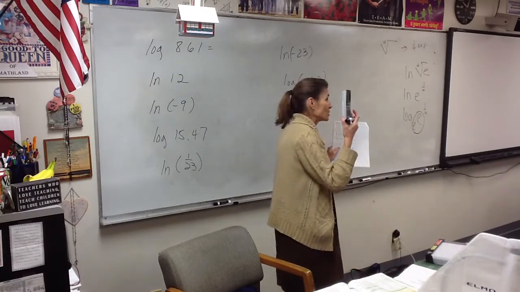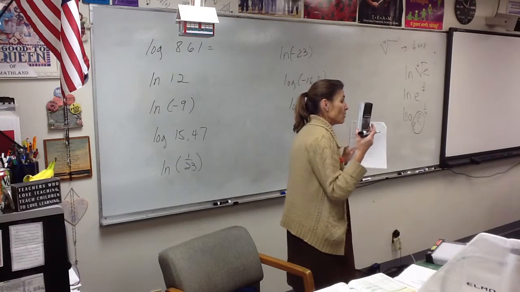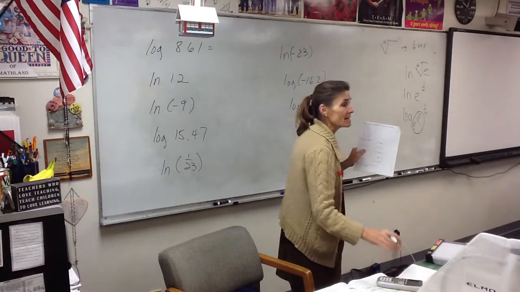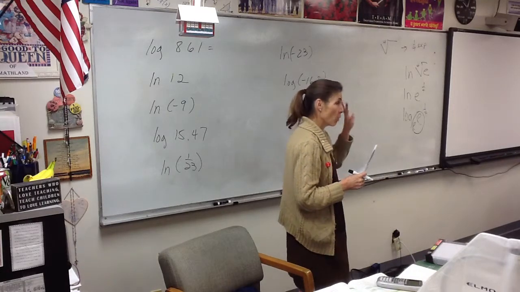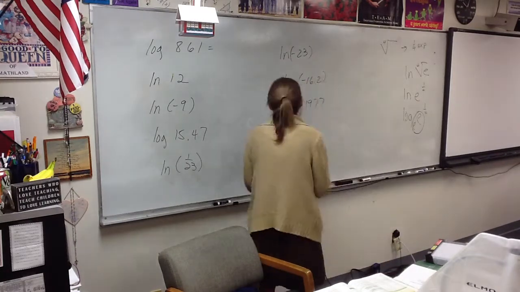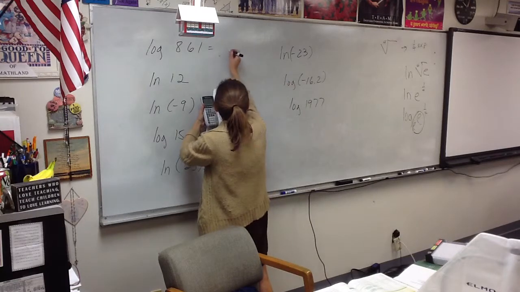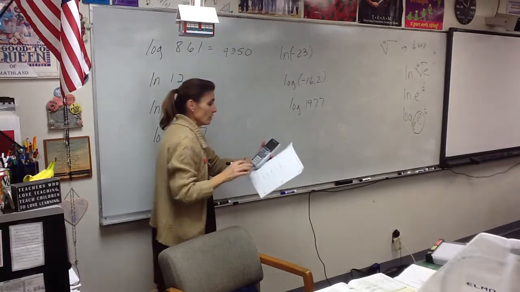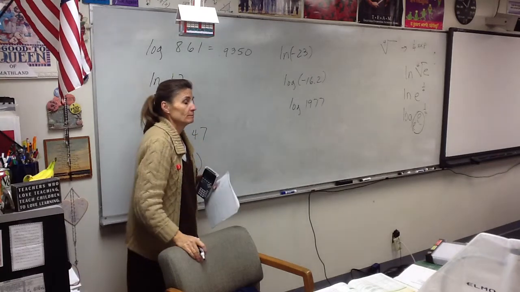You got a whole bunch of decimal places on here. What do we mean by 10,000? How many is that? 4. So we're going to round this off to 4 decimal places. So 0.9350 will be our answer.